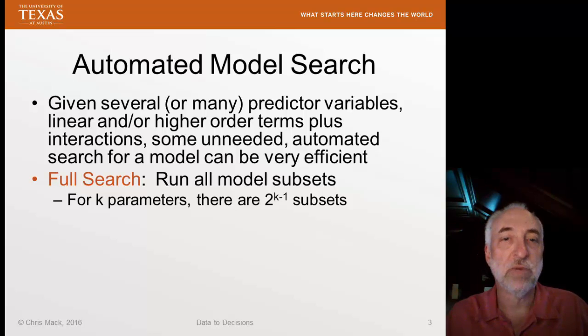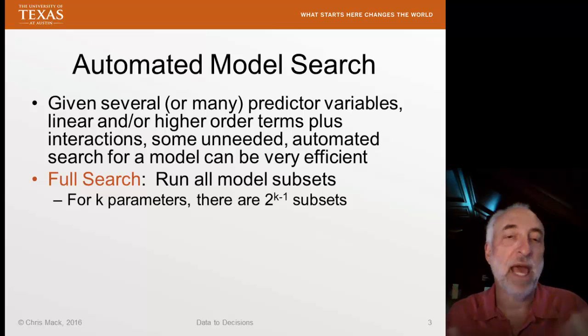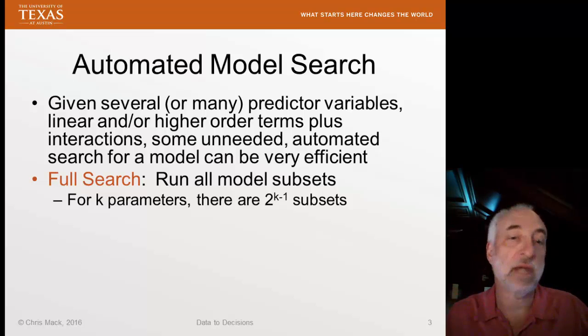Of course, when you add higher order terms and interaction terms, you might only have a couple of predictor variables that can easily produce something like 7 or 8 or 9 or 10 parameters, and then the number of subset models can get quite large.